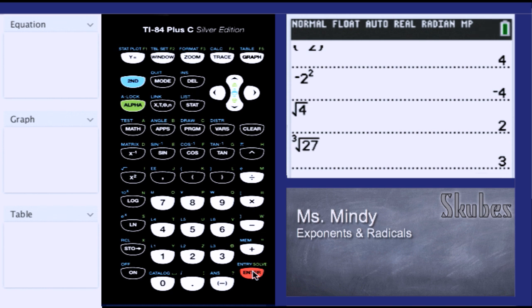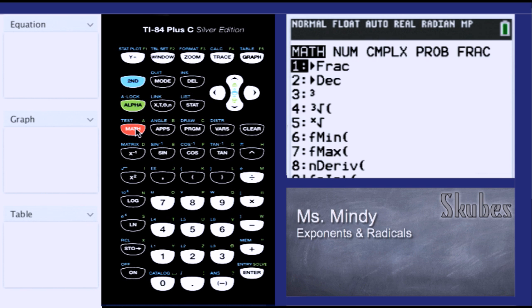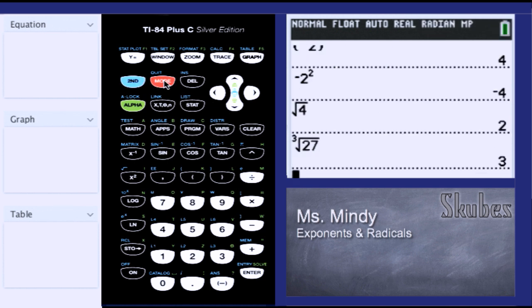So I want to do the fifth root. Well, if I go back to the math button, you'll notice that there is no fifth root. If you scroll down, it has the cube root, which is the fourth choice, but the fifth choice is the x root. So we want to take the fifth root. So we're going to get out of this menu. So press second and quit. You actually have to type in the index of your radical to begin with. So it's a fifth root. The index of the radical is a 5.